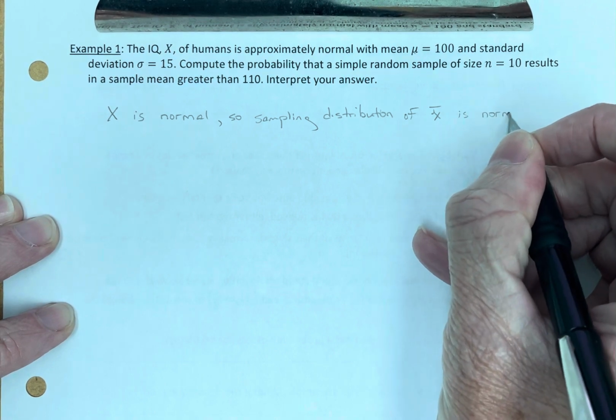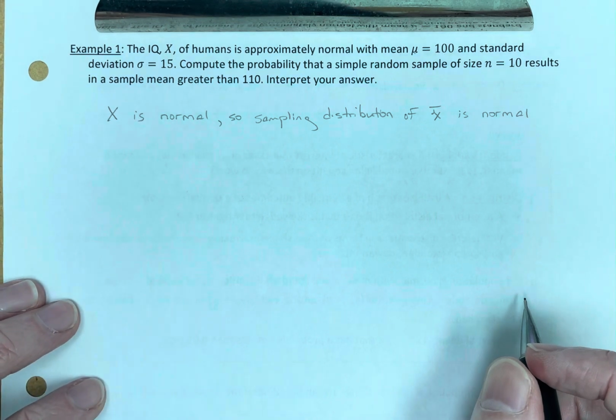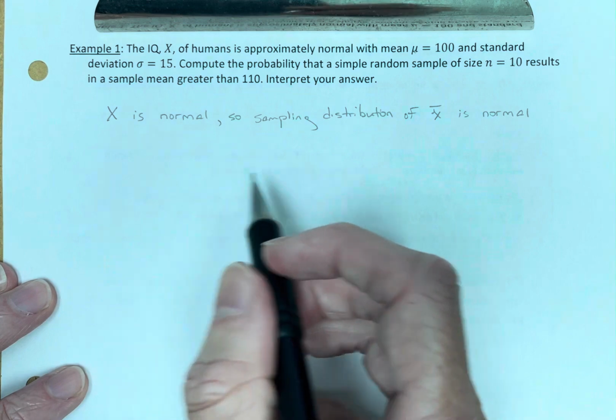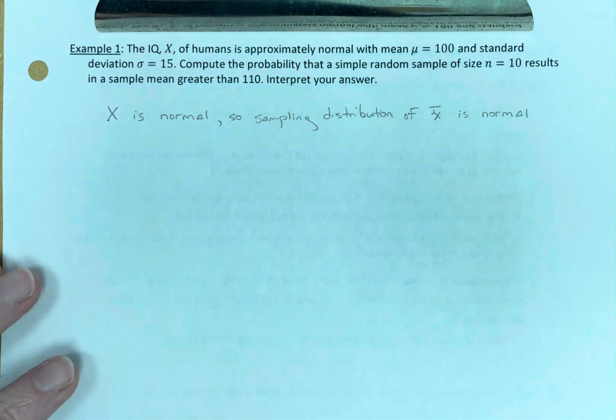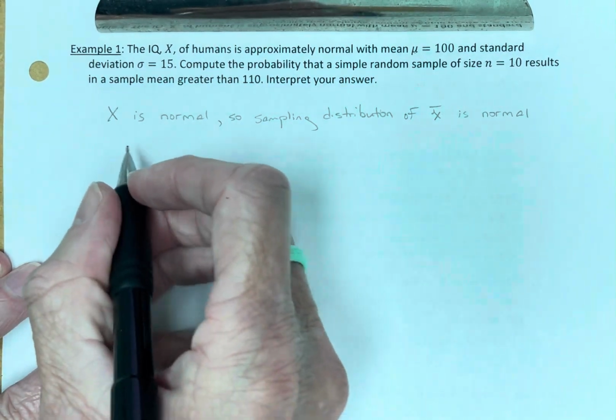We need to understand that. We're looking for normality so that we can do things with it. To use our normal calculator, we need to come up with the mean and the standard deviation.